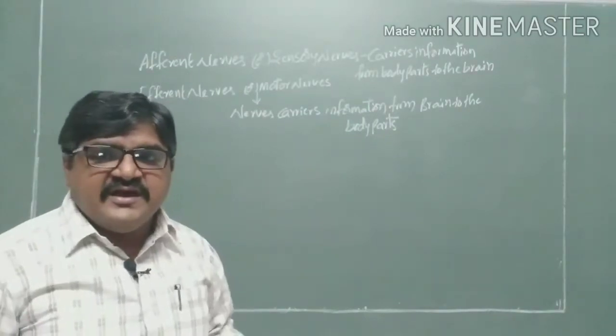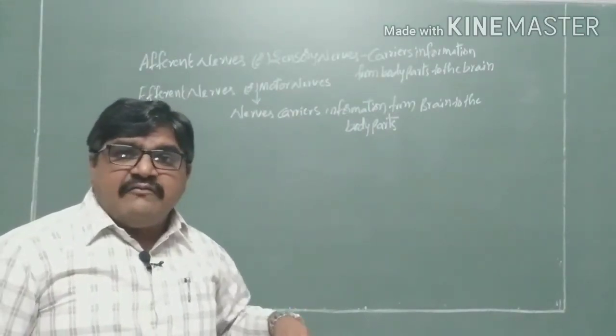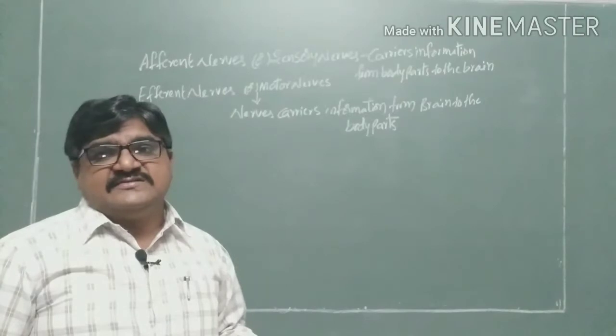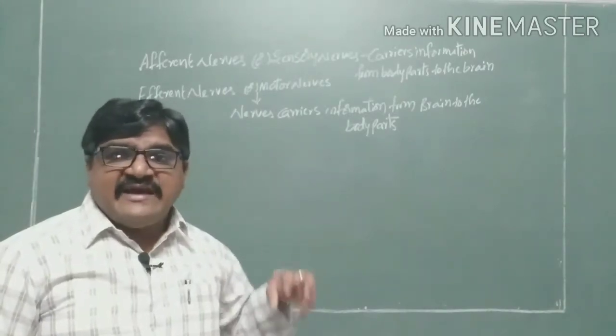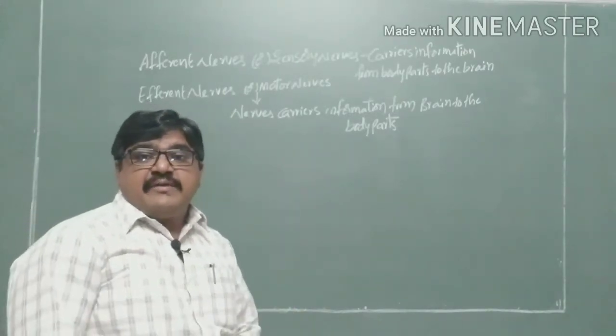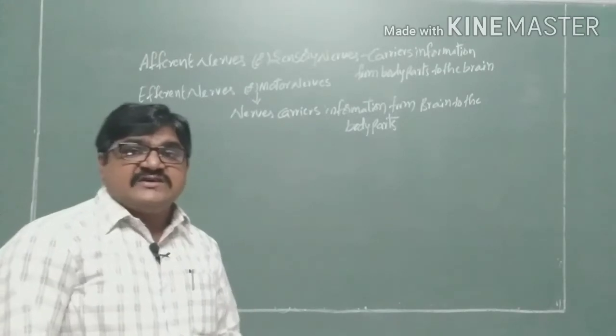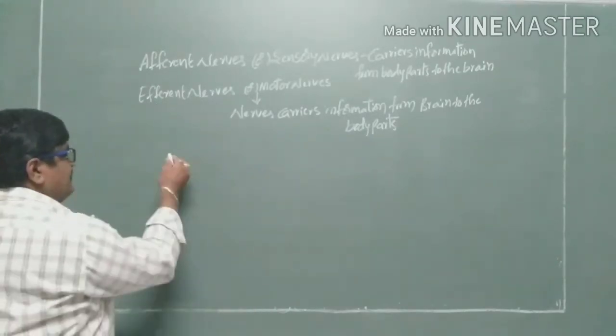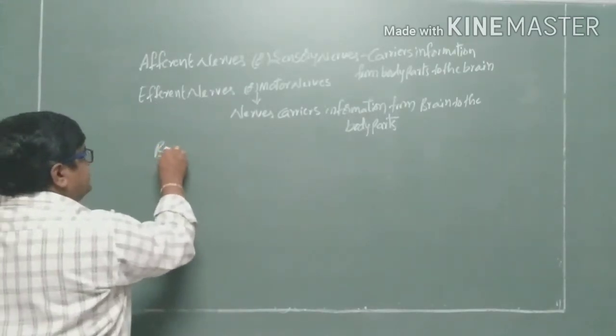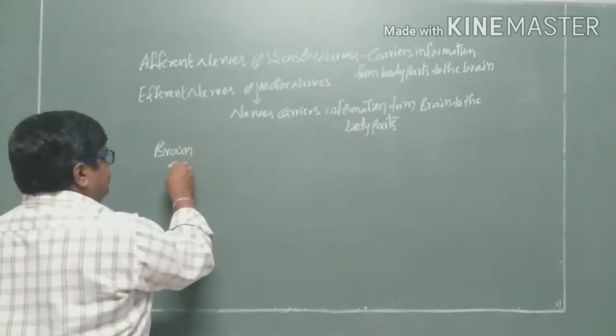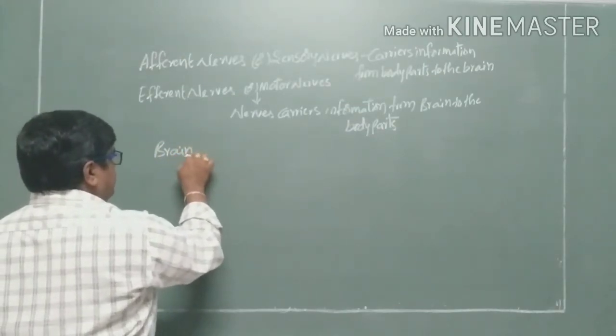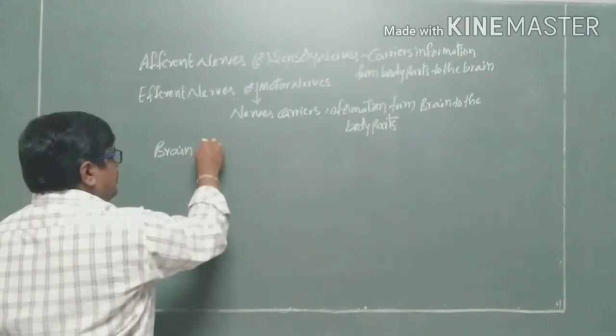Also, anatomically, the peripheral nervous system consists of the brain nerves and spinal nerves.